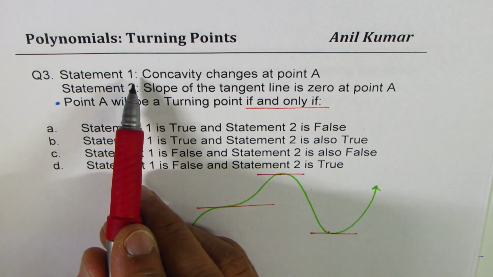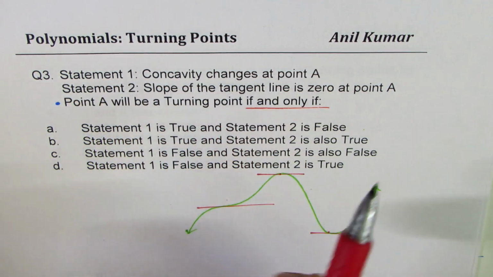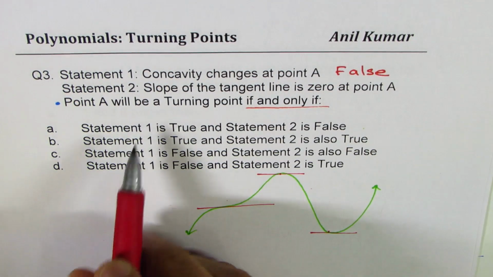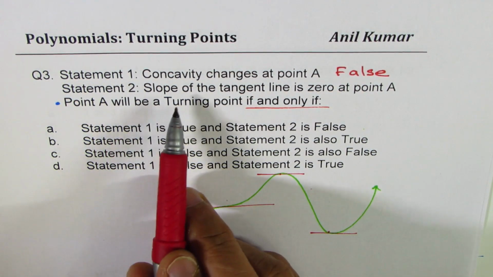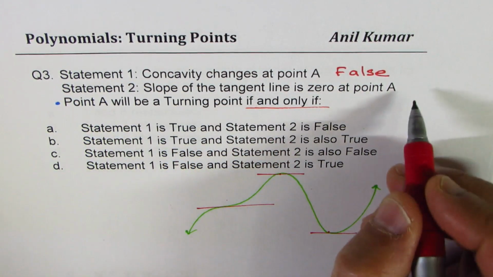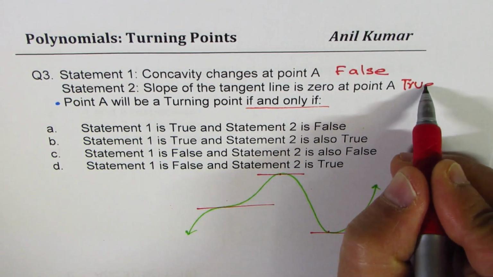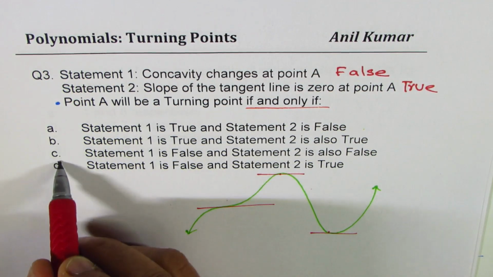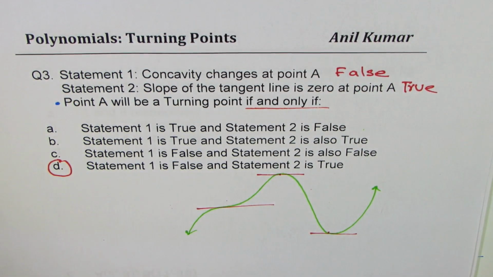So statement 1, concavity changes at point A, is false. And statement 2, slope of tangent line is 0, is true. So statement 1 is false and statement 2 is true. Option D is the correct option. Does it make sense? Now this is an extremely good question seen in so many competitive tests.